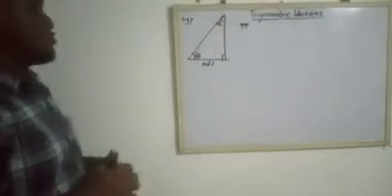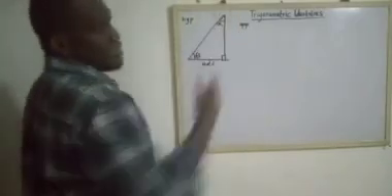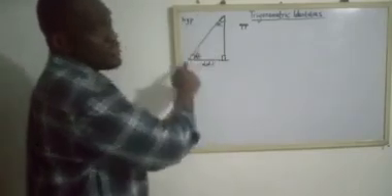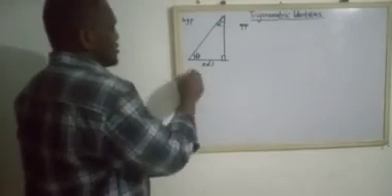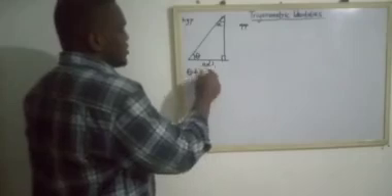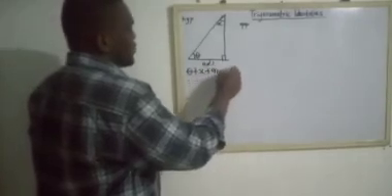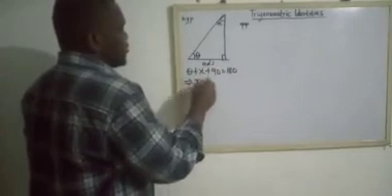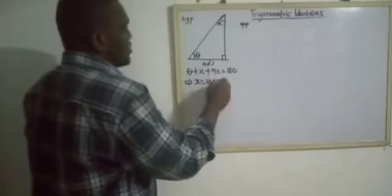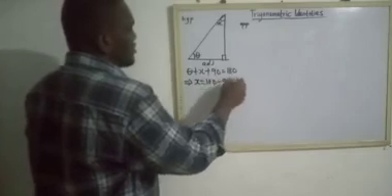Since it is a triangle, the sum of interior angles must be 180 degrees. So I can write theta plus X plus 90 must be 180. The implication is that X becomes 180 minus 90 minus theta.